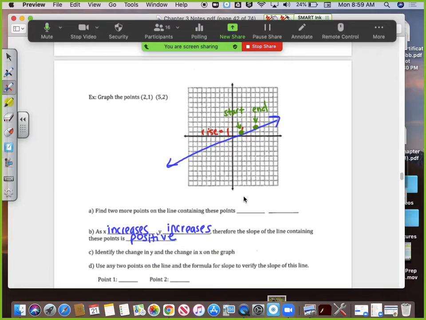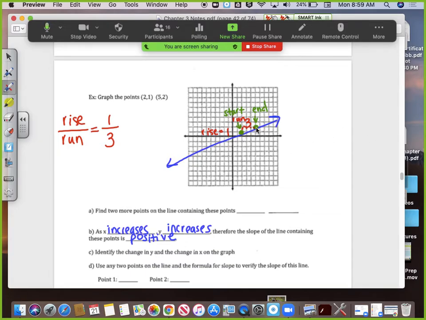The run is how many units I have to go over to get to the next point. I have to go over 1, 2, 3 units. So my run is 3. The slope formula is how much you go up versus how much you go over. So I'm going up 1 over 3. So this slope is 1/3.